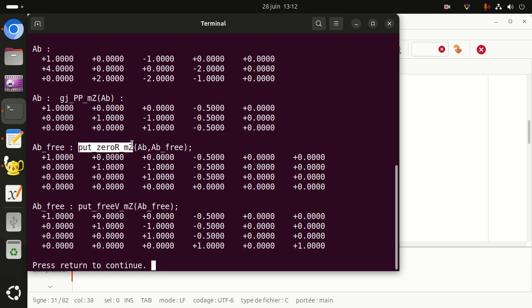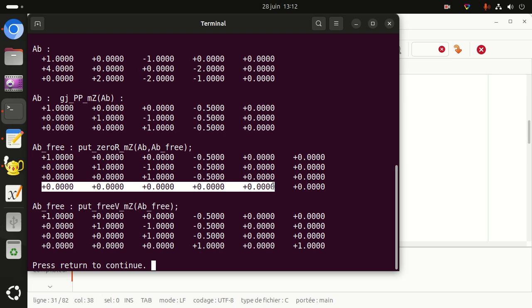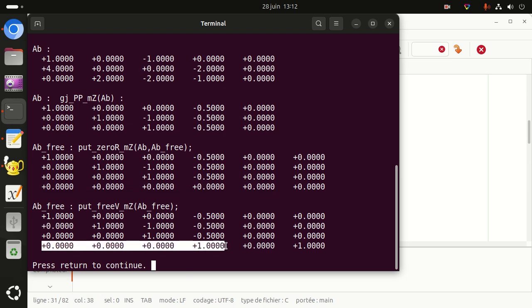Here I have put the row of 0 and the column of 0. You have here the new line, and this is the new column, and I have put the variable there. This is the column for the variable, and this is the line with the variable.